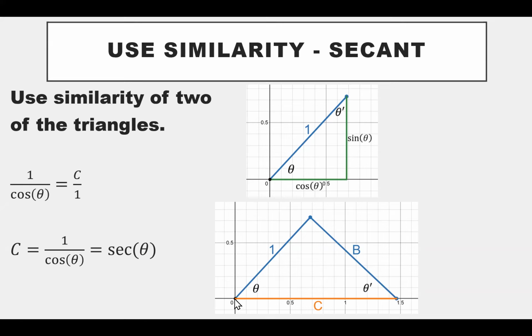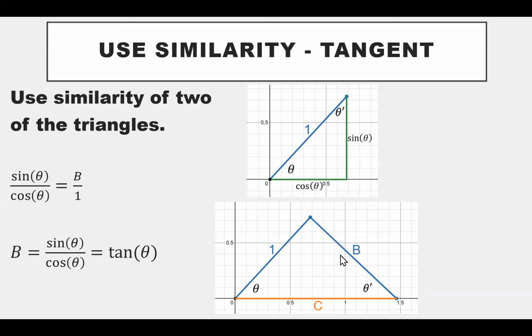So that means this length from the origin along the x-axis to the point of intersection with that perpendicular line and the x-axis, the C length, is secant of theta. If we think of B divided by 1 on this triangle, those are the two legs of the triangle.